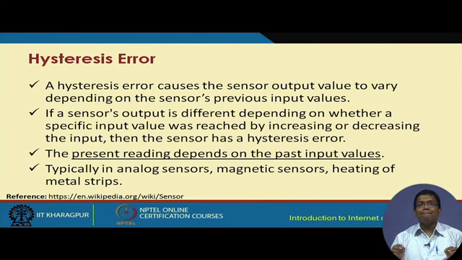Maybe because it uses some metal strips, and the functionality of that sensor is such that when you hit it, the metal strip is going to bend. If it has bent once, to come back to its original position, it will take some time. So, this type of error talks about that if it is hit once, you will get something, and if you hit it once again, your output is going to be dependent on the previous value. This is known as the hysteresis error.